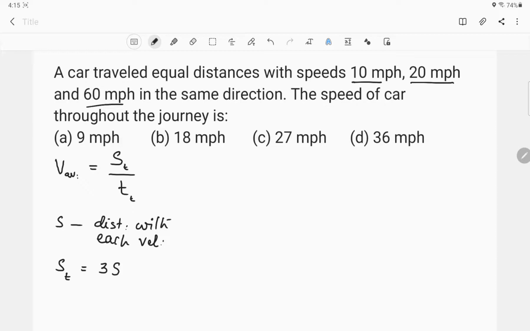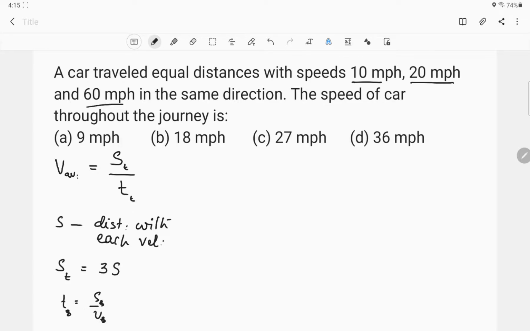The total time can be determined with the help of this equation: T is equal to S over V. If we are going to determine the first time, T1 means S1 over V1. The second time, S2 divided by V2. In the same way for T3, S3 and V3.